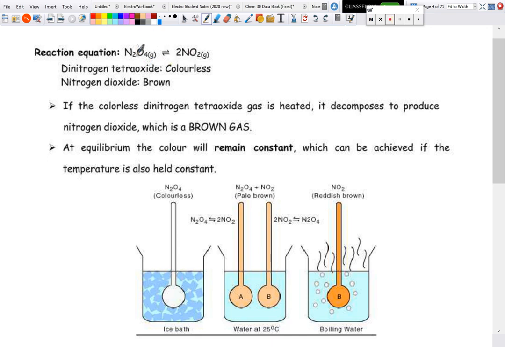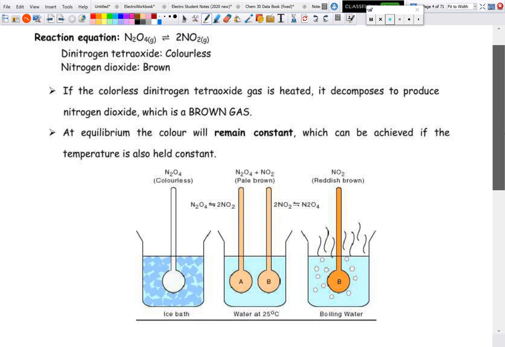Dinitrogen tetroxide, so this one right here, is colorless, whereas nitrogen dioxide is a brown gas. And of course during this decomposition, heat needs to be applied as well. So this shows, using colors, how it would happen: if the colorless dinitrogen tetroxide gas is heated, it decomposes to produce nitrogen dioxide, which is a brown gas. So at equilibrium, the color will remain constant.